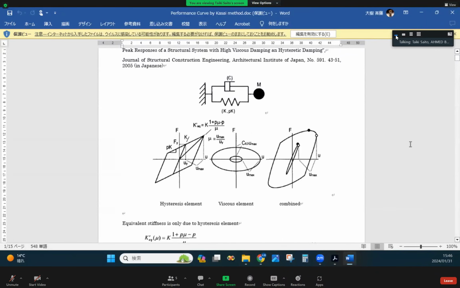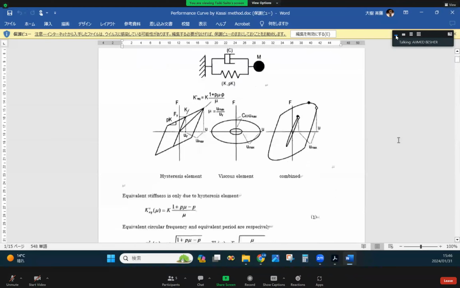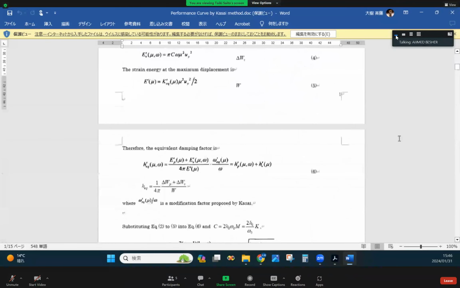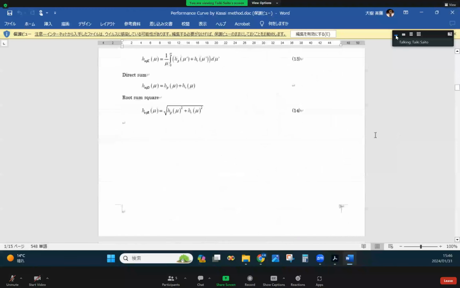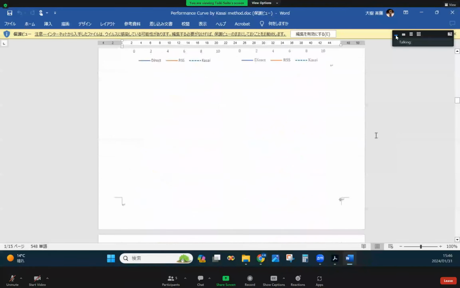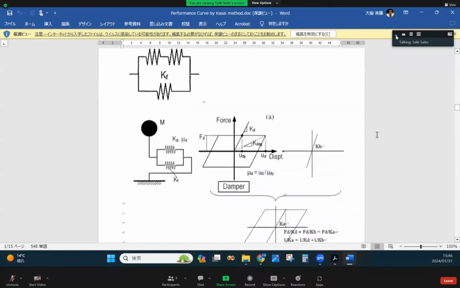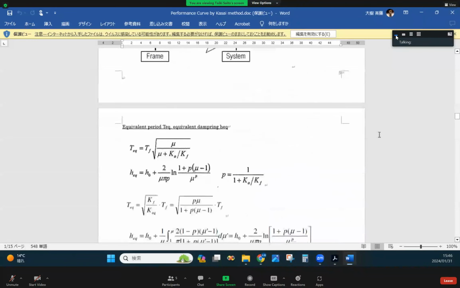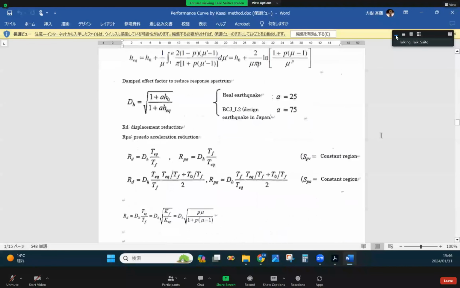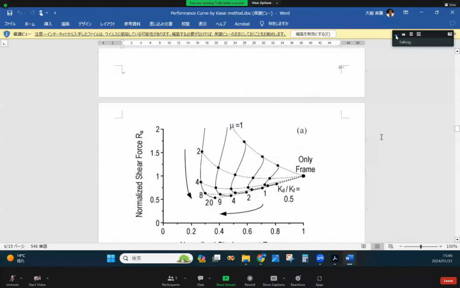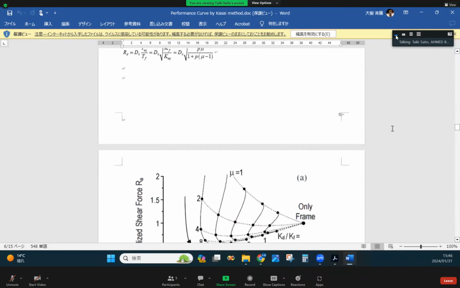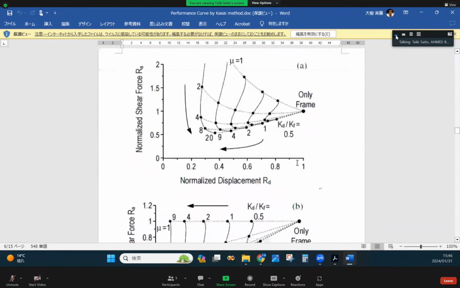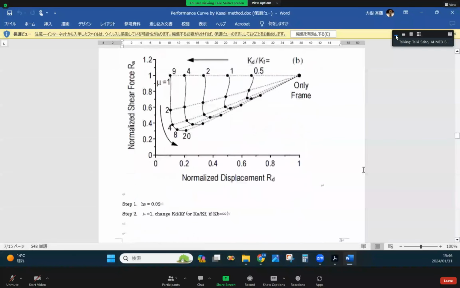But I think in this file it's not mentioned how to draw the performance curve. I already checked this one. Really? Let me go down. So, steel damper. This is the formula, the equation, for the case of a steel damper.